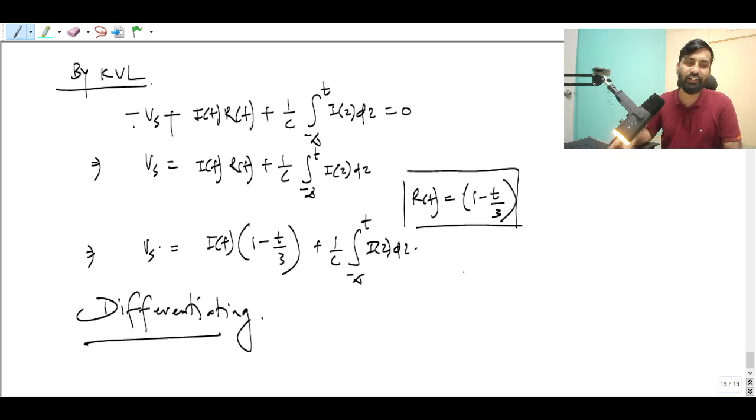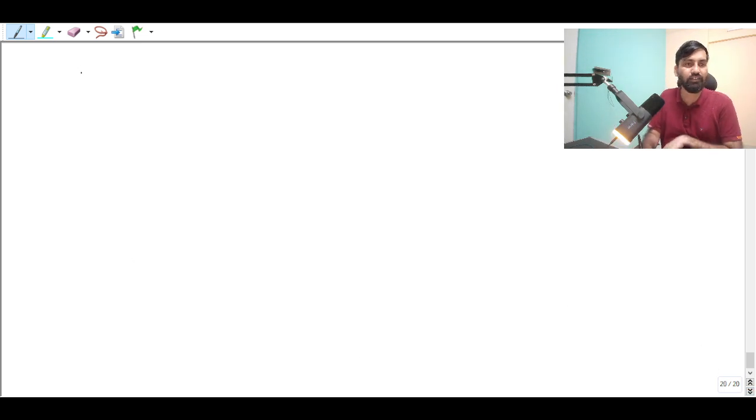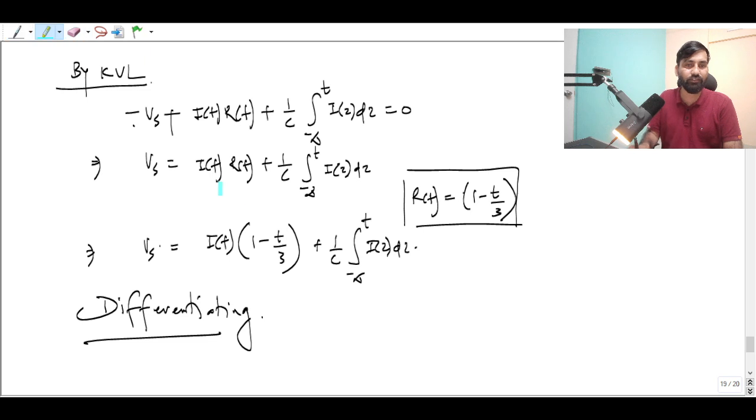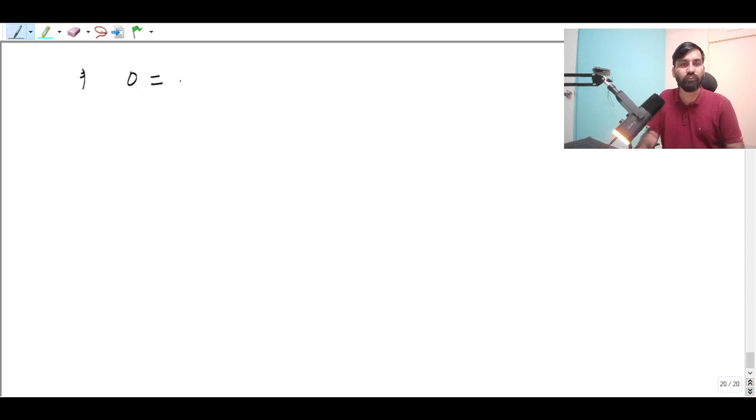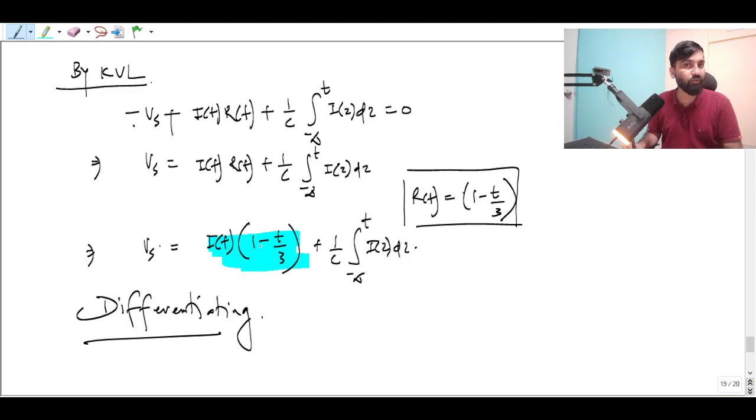So you can differentiate this. Differentiating this, the differentiation of constant is 0, is equal to, now you have to apply the chain rule here, because there are two functions, it and 1 minus t by 3. So you can apply the chain rule. We keep it as it is, and now it is going to be 1 by 3, because the differentiation of 1 is 0 and this is minus 1 by 3.